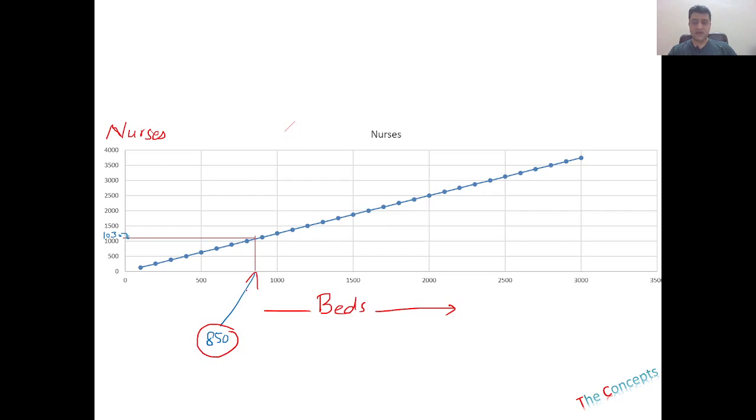As we don't have the data for an 850 beds hospital, we can just put a line from here and look at the corresponding line, and let's say it is giving us 1030 nurses required to operate an 850 beds hospital. So this is how the correlation can help you in forecasting the demand of the number of people that you require in order to run your organizational functions.